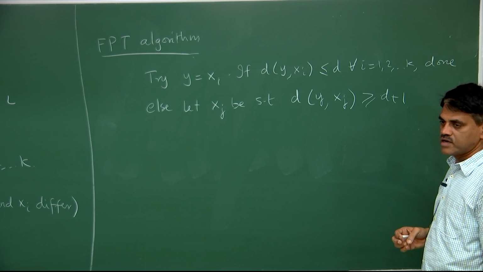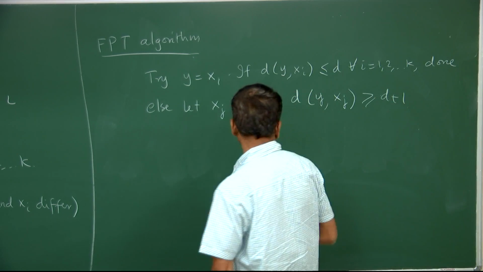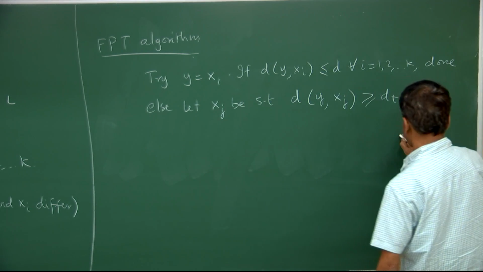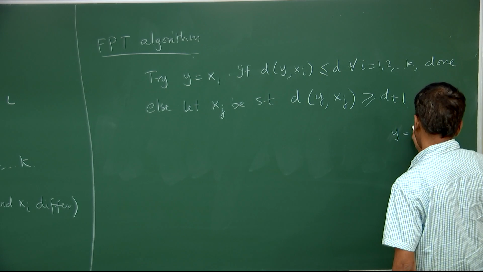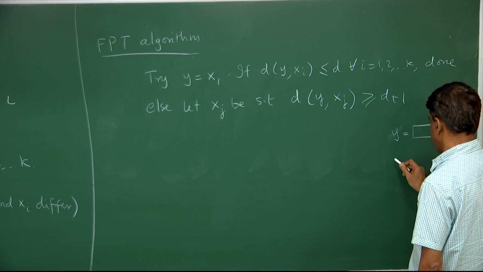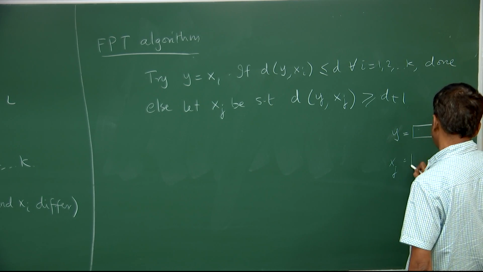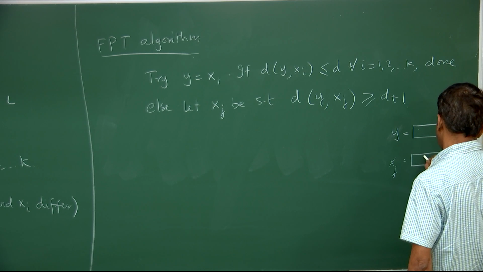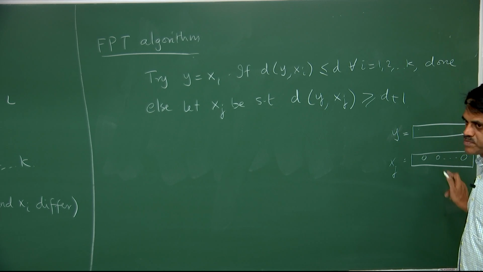Then let us try to learn something from this. What have we found out? I tried some candidate string, let us call it y, and somehow with some xj I have d plus 1 or more mismatches.